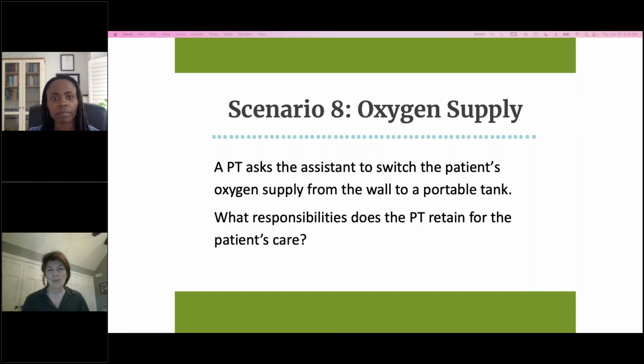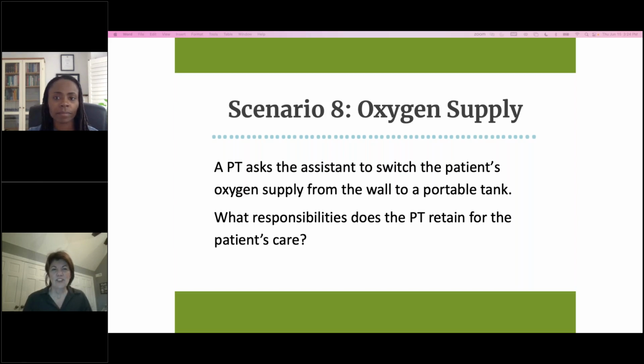If the PTA is changing the delivery of oxygen from the wall to a portable tank, they'll need to set up a portable oxygen system, and obviously delegation is required for that. This activity involves risk, and the PTA will require special knowledge.